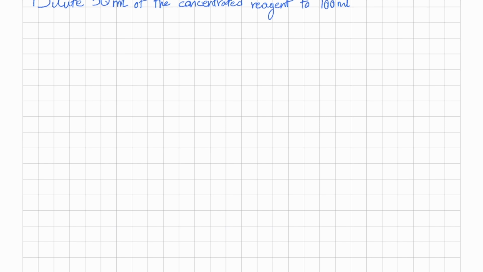We can say the volume of the concentrated solution times the concentration of the concentrated solution equals the volume of the diluted solution times the concentration of the diluted solution. In a shorter way, we can say V1 times C1 equals V2 times C2.